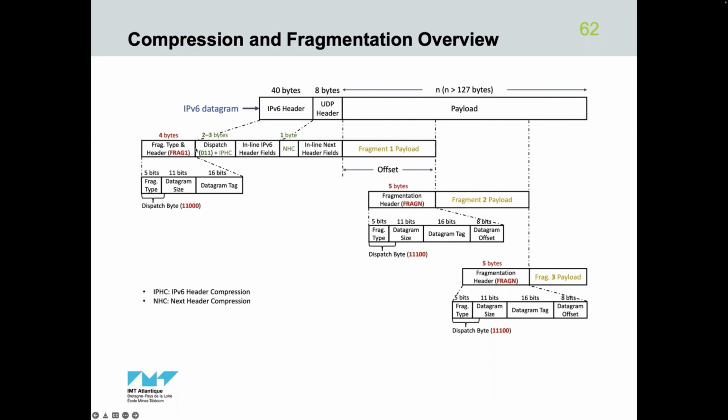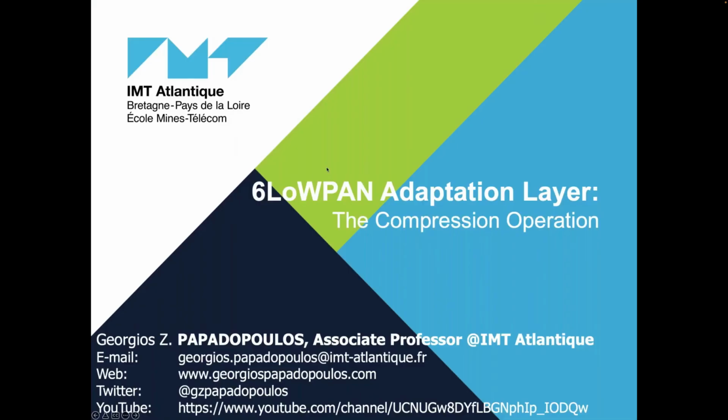To summarize, 011 represents a compressed IPv6 packet, and 11110, the one that we saw earlier, represents a compressed UDP header. Then we have a dedicated space for the inline next header fields, both for the IP and for the UDP. That was my presentation.